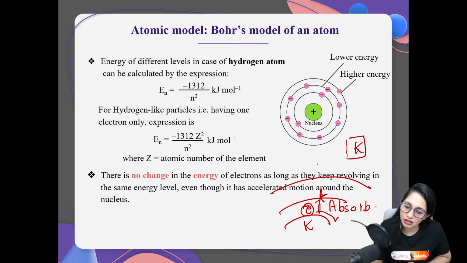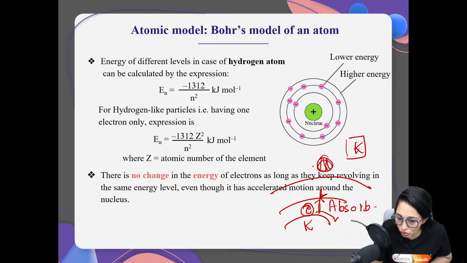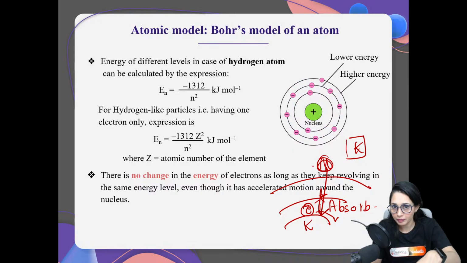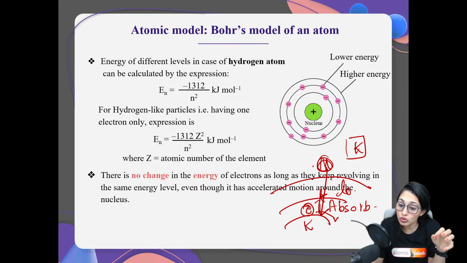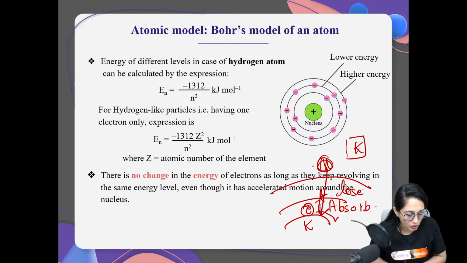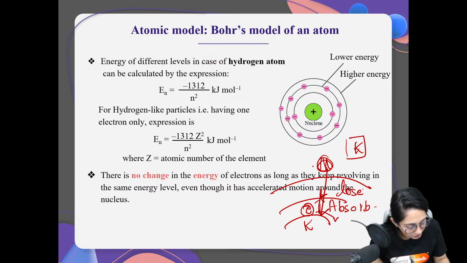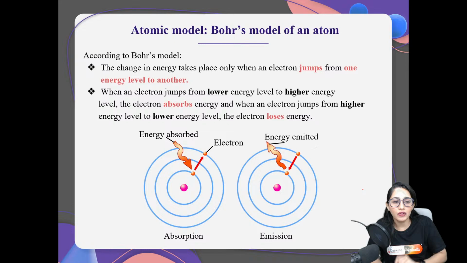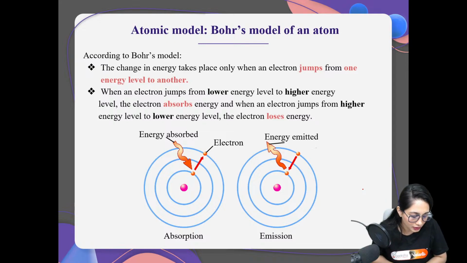Suppose there is an electron in M shell, K, L, M, third energy level. So this electron wants to go to a K shell or L shell. It is coming down. Then it is going to lose the energy. Absorbing and losing. According to Bohr's model, the change in energy takes place only when an electron jumps from one energy level to another.